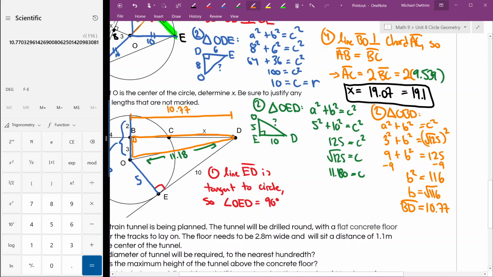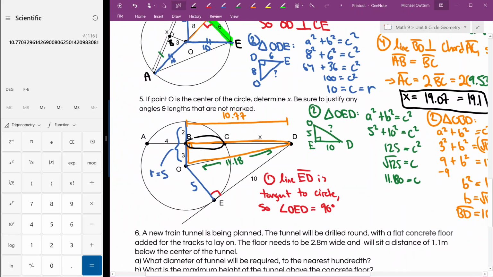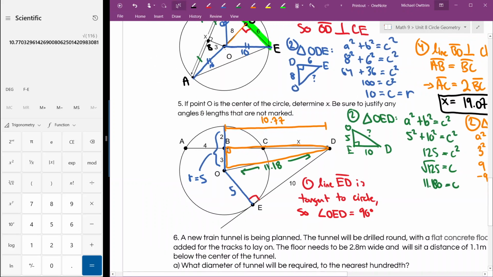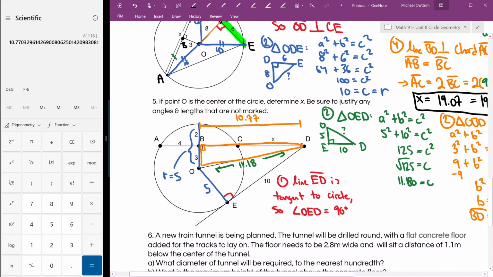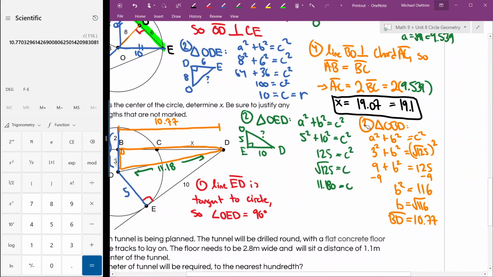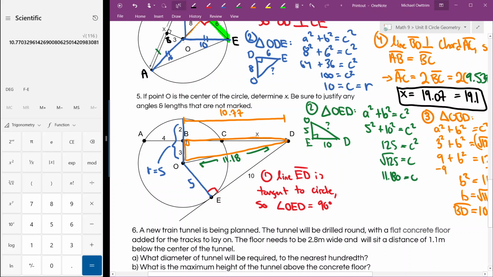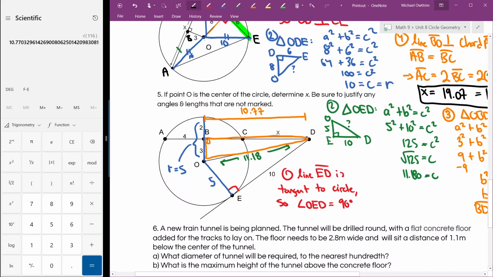We only want part of that length, which means we need to subtract off this piece here. Now, to be able to get that piece there, I'm going to notice that our line, what are we on? We got 2 number 2s. Perfect. This is actually step 3. So let's go to step 4 over here. And let's observe that our line OB is perpendicular to chord AC.